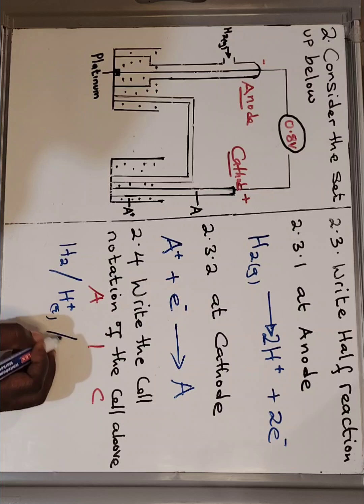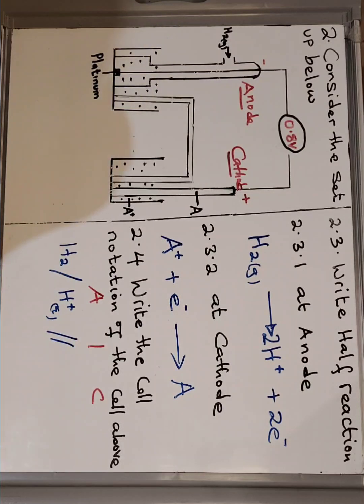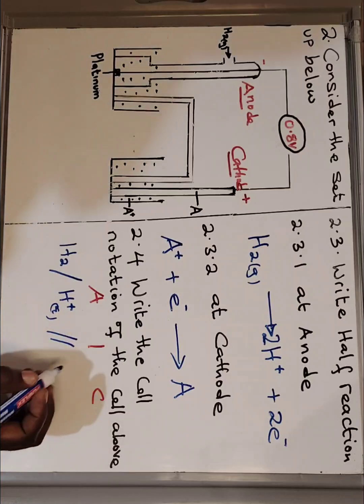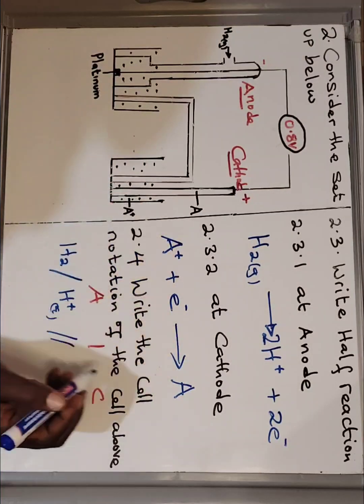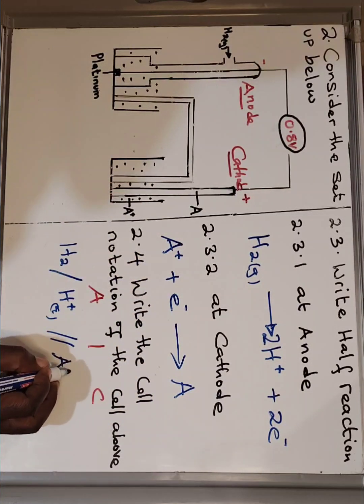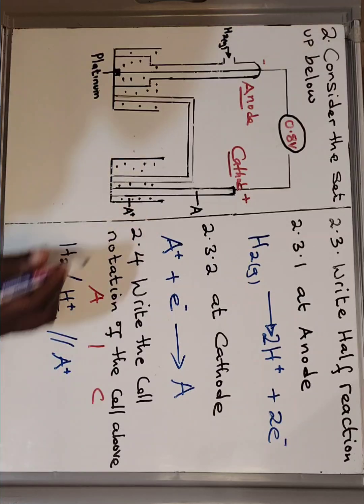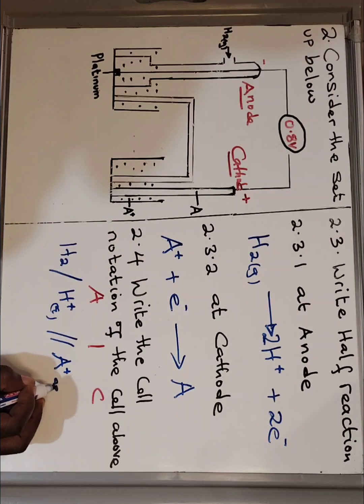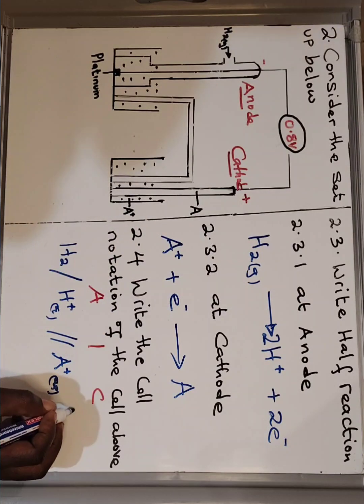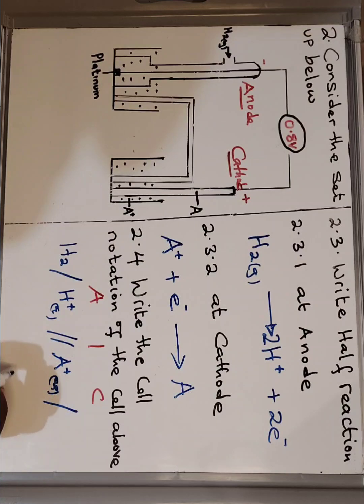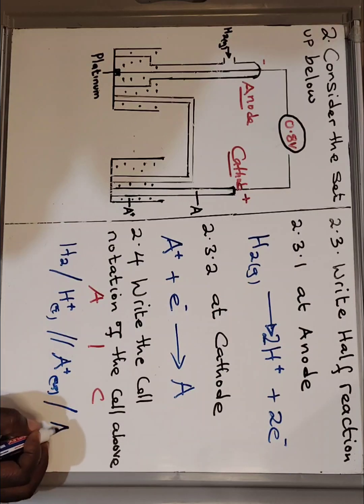Then comes the salt bridge. And after the salt bridge comes our cathode. The cathode is also written the way it is. So we are having A+ ions, which are also in aqueous solution. You bring in the phase boundary, and you have A. A is a solid.